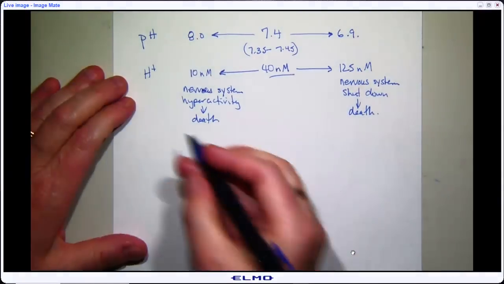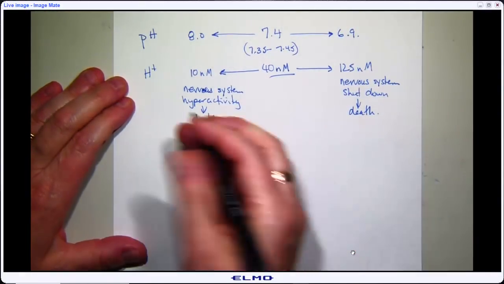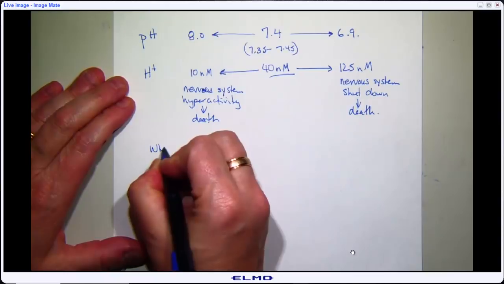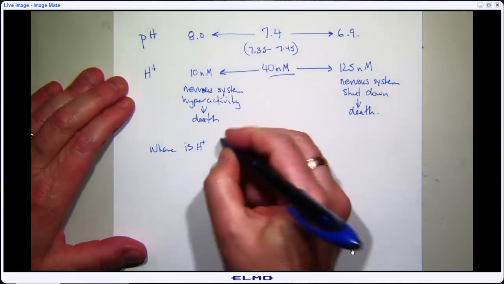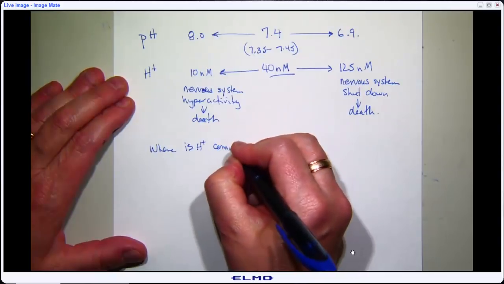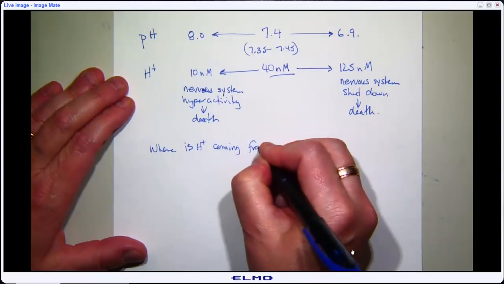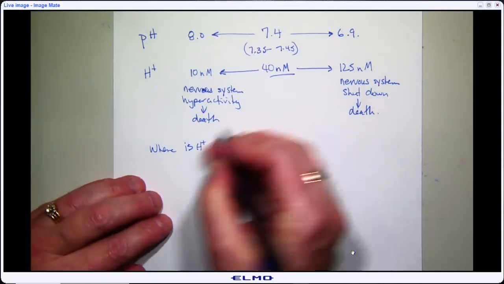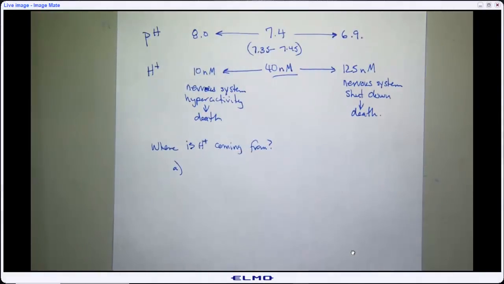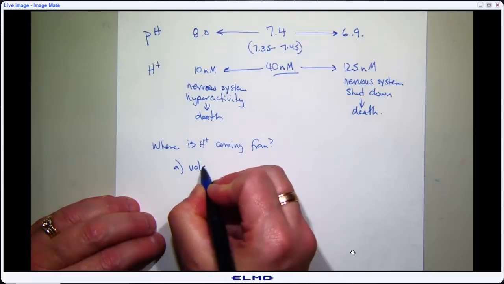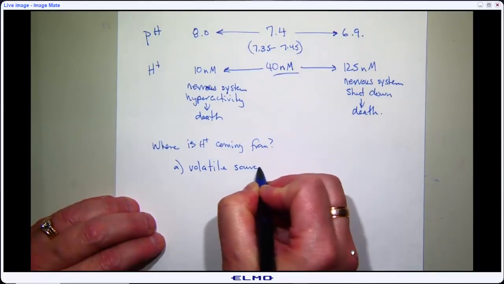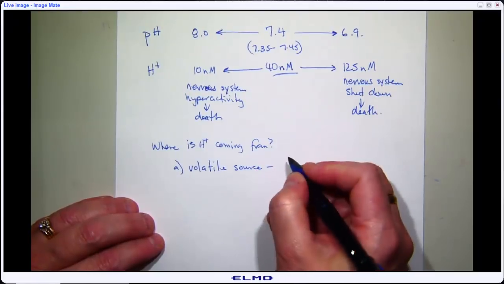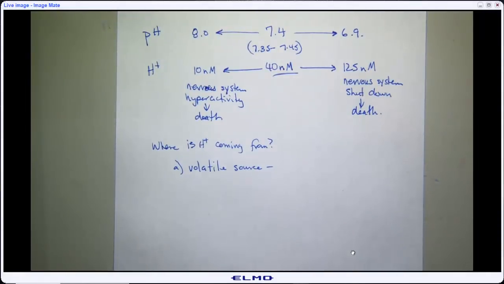All right, so how do we get hydrogen ion into the system? Essentially, where is hydrogen ion coming from? So we have volatile and non-volatile. Okay, so volatile, it's in the form of CO2, right?